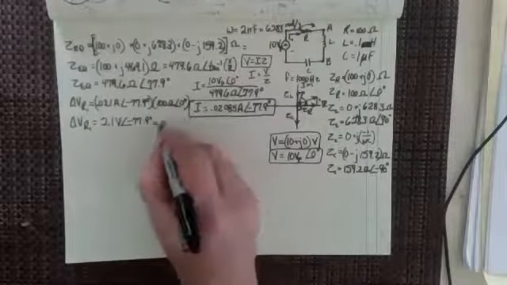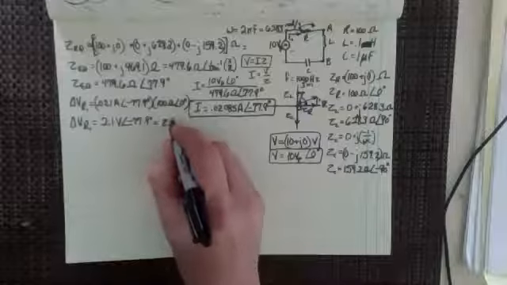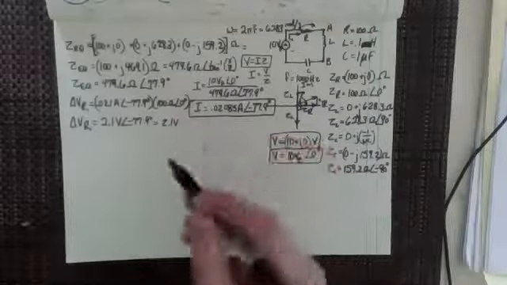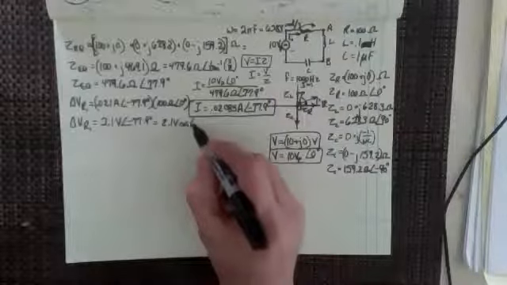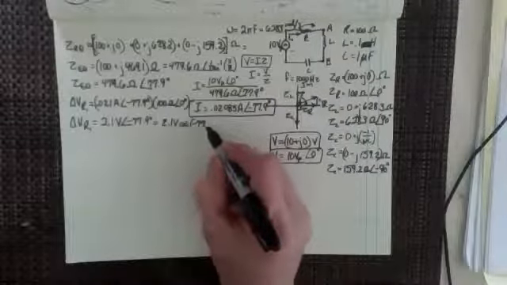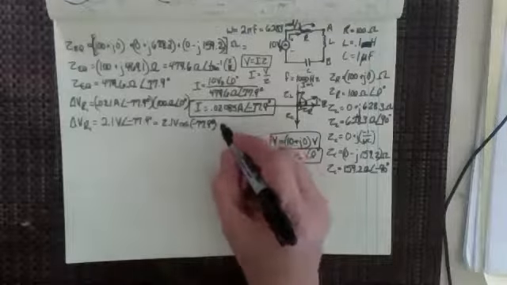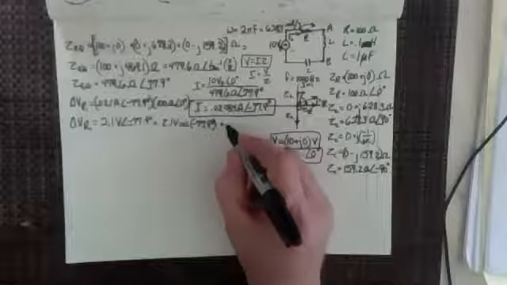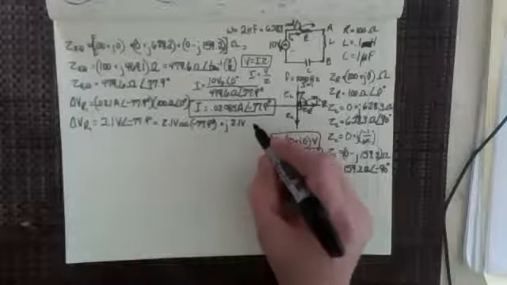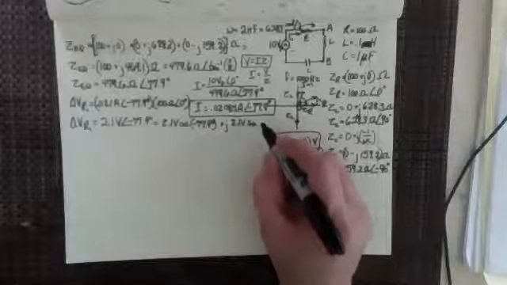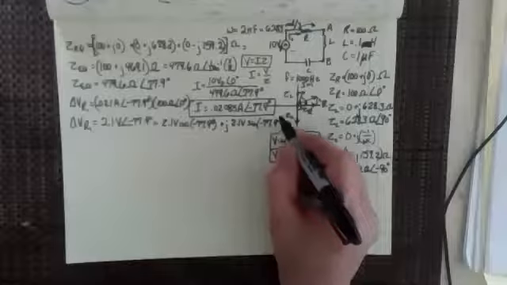Well, I'm going to write this out because I want everybody to have this in their notes. It's 2.1 volts times the cosine of minus 77.9 degrees, plus J times 2.1 volts times the sine of minus 77.9 degrees.